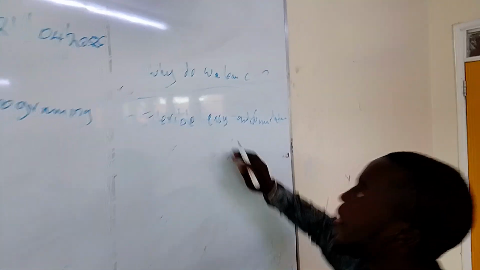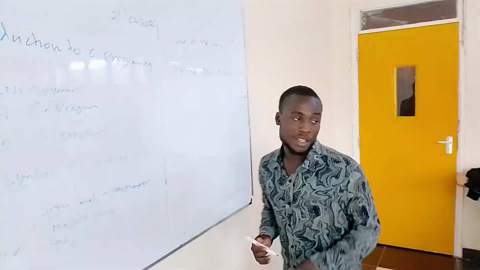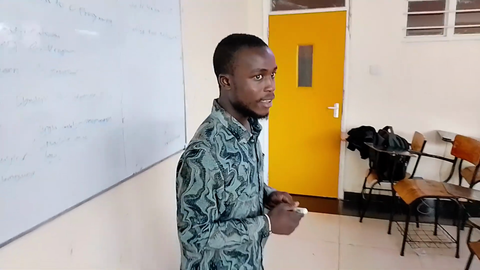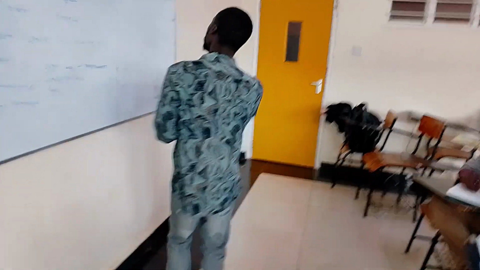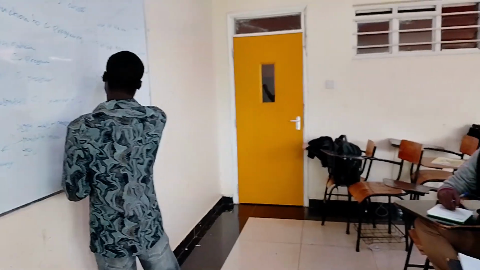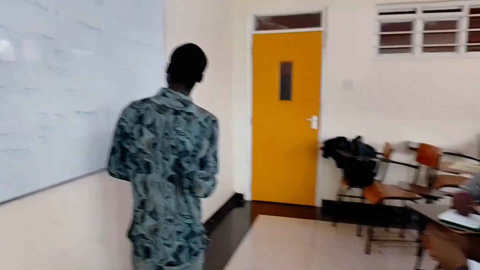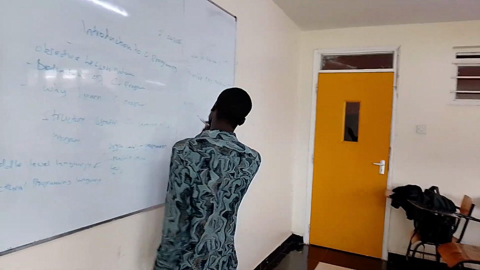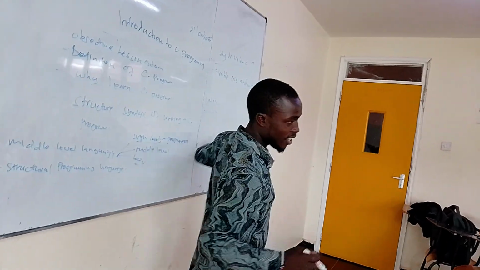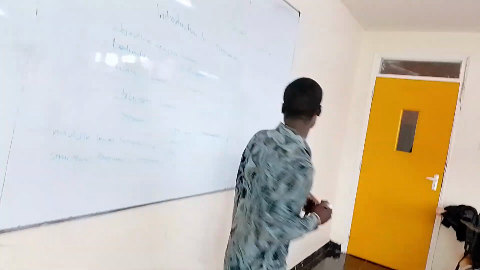As you can see, the C language was used early in Unix, to code Unix. Unix is for the Linux system.